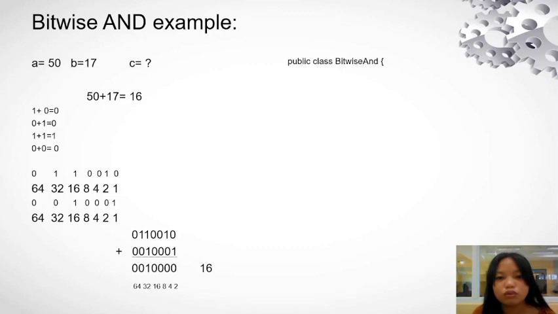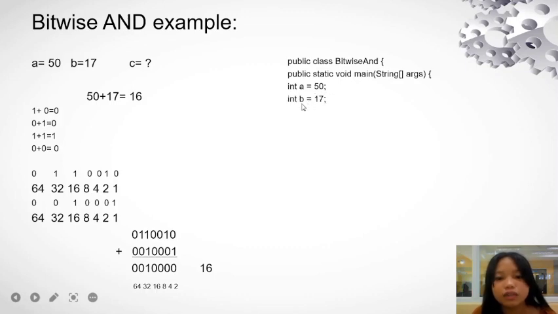So I have a code here: public class BitwiseAND, which is our class name. Our main method, public static void main String args, and I'm using the data type int. Variable A equals our value, which is 50.